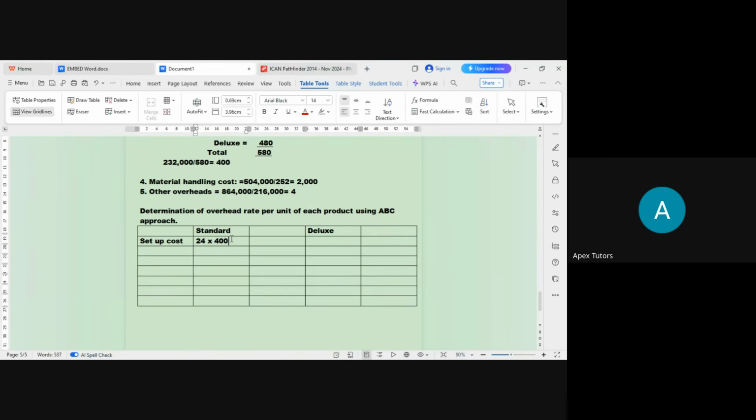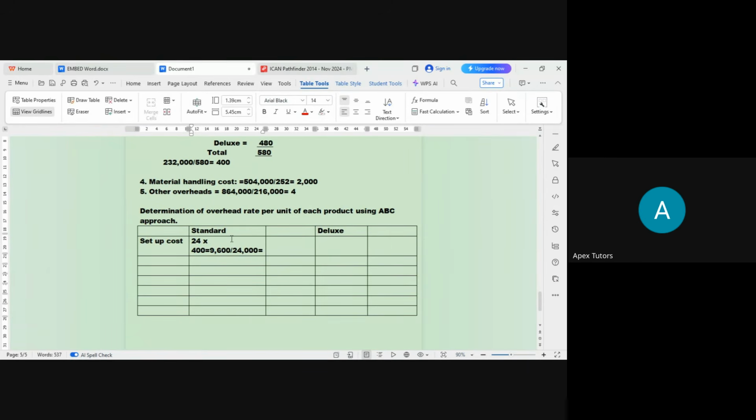So the total cost of setup for standard will be what? 9,600. So for you to get it for 1 unit, what will you do? Divide by the number of output units. The result will be what? 0.4.